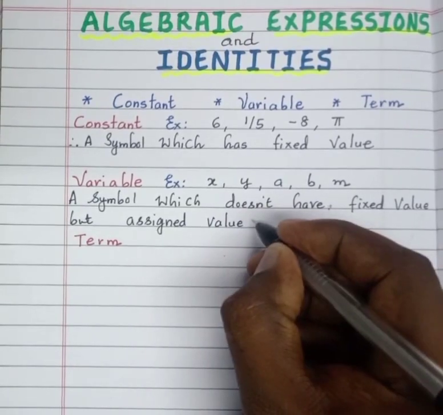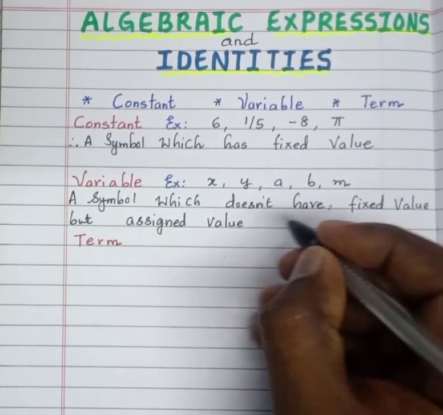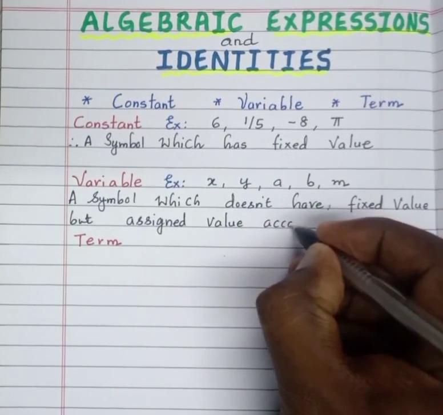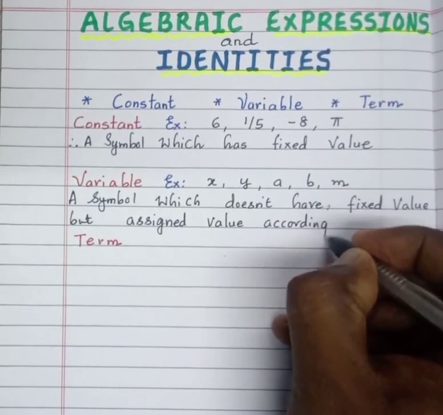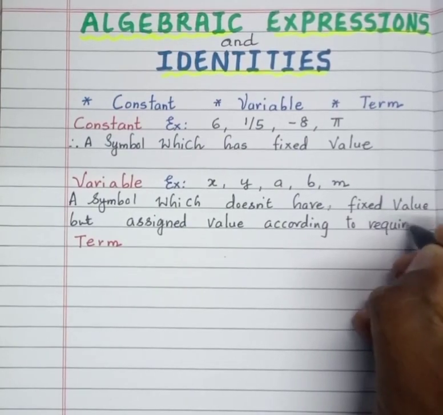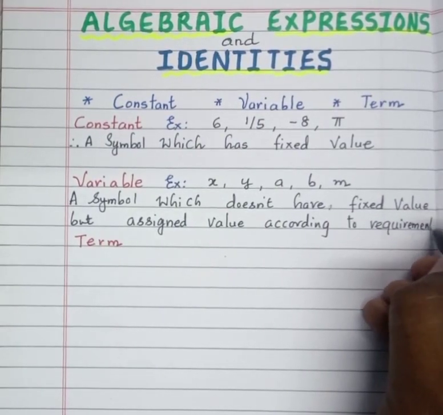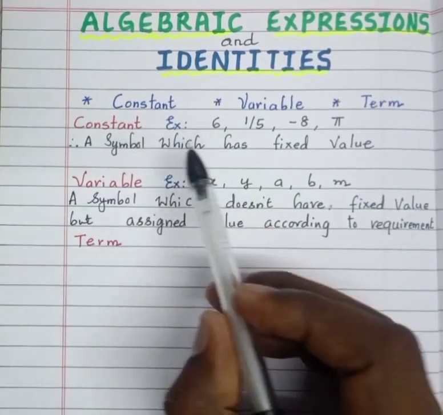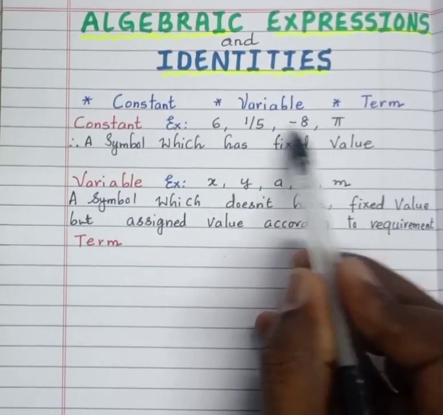I can take x as 5, x equals 6, or y equals 2, y equals 0, y equals minus 2. y can take any value. So, we call that a variable.